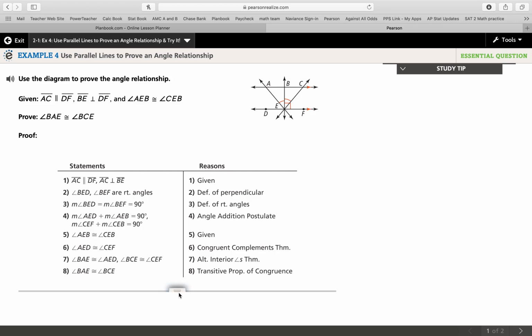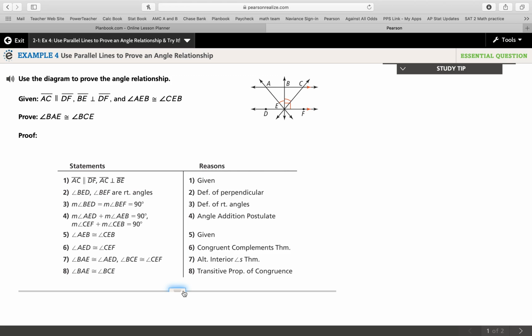Now, I want to talk about proofs for a second. Not all proofs are created equal. What do I mean by that? Well, you might see it one way, and Billy Bob might see it a different way, right? So sometimes proofs can be 4 or 5 steps. Sometimes you can make them more complicated because you see it a different way. It's not that it's wrong if you take a roundabout way to prove something.